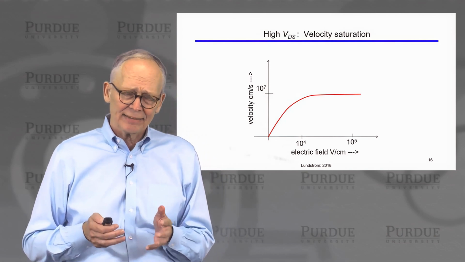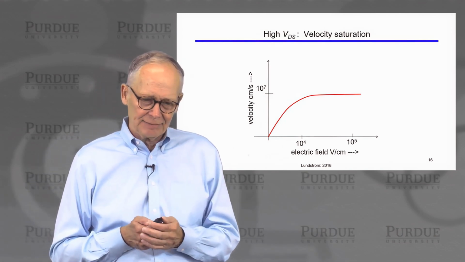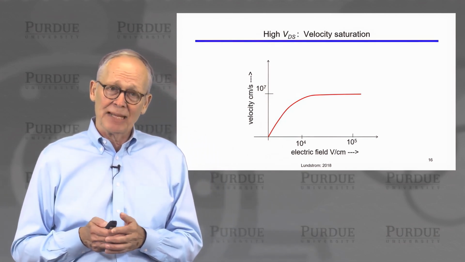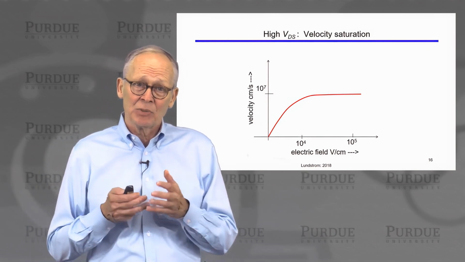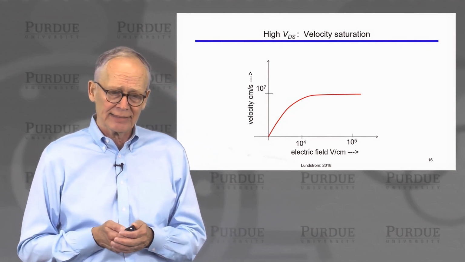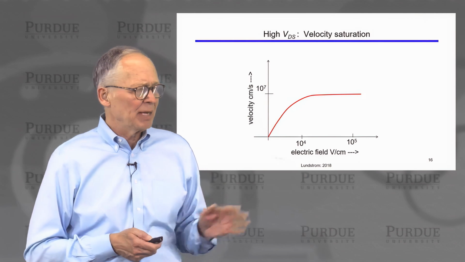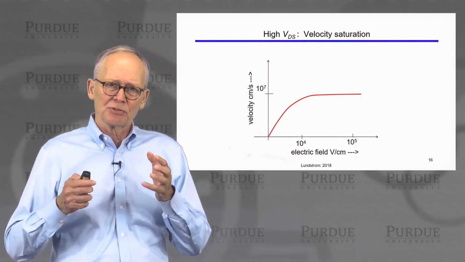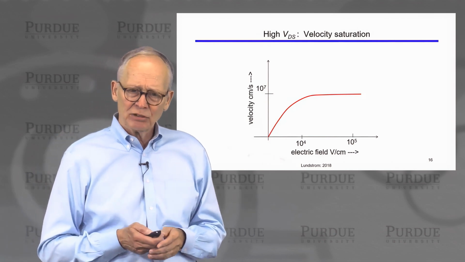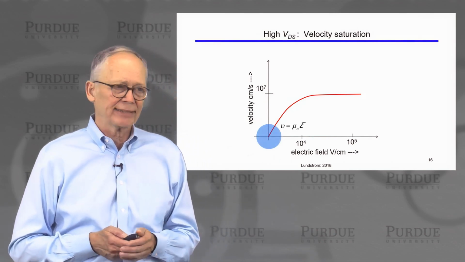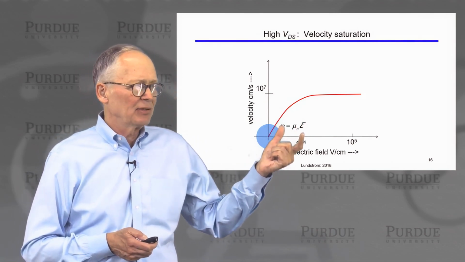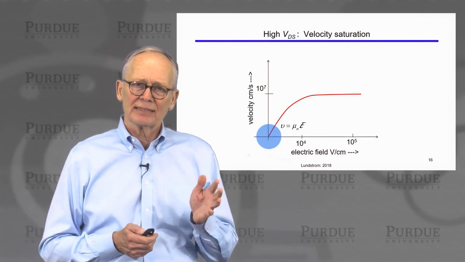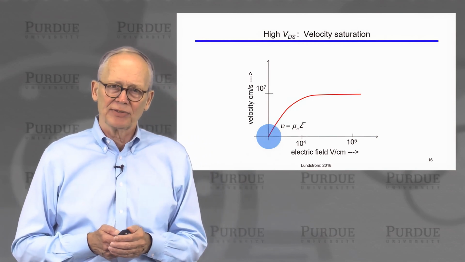Well, we can get a hint, and this is the explanation that people came up with in the 1970s when they began to observe these characteristics. You may remember that if you measure the velocity versus electric field in a large bulk chunk of silicon, you'll get a characteristic that will look something like this. If the electric field is not too large, the velocity will be proportional to the electric field.